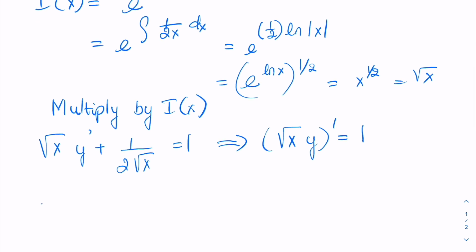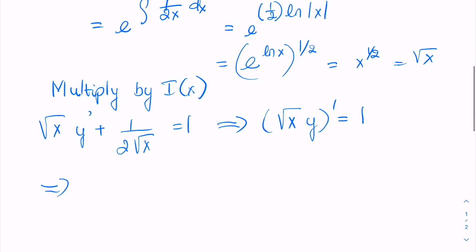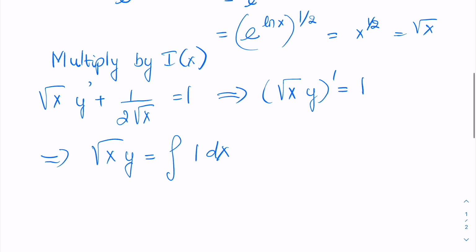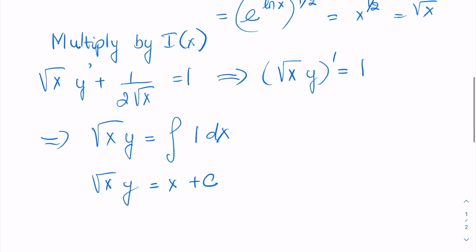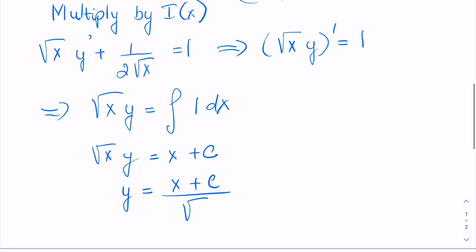Now we're ready to integrate. So I have square root of x times y is the integral of 1 dx, which is x plus c. So now I solve for y. I should have x plus c divided by square root of x.